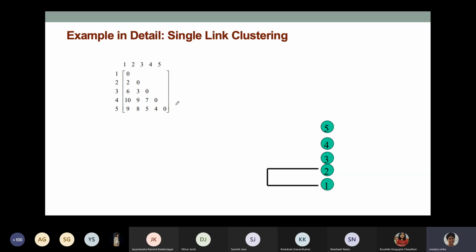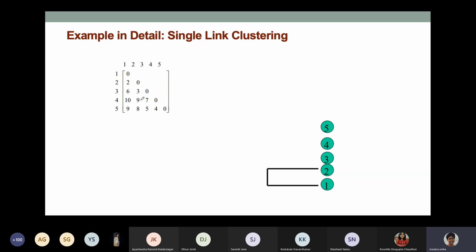And why is this top right half empty? Because as we are learning on undirected graphs, the value of 1 and 2 will be the same as 2 and 1. So the matrix can be transposed across its diagonal. That is why only this set of values is important, because the rest are the same.